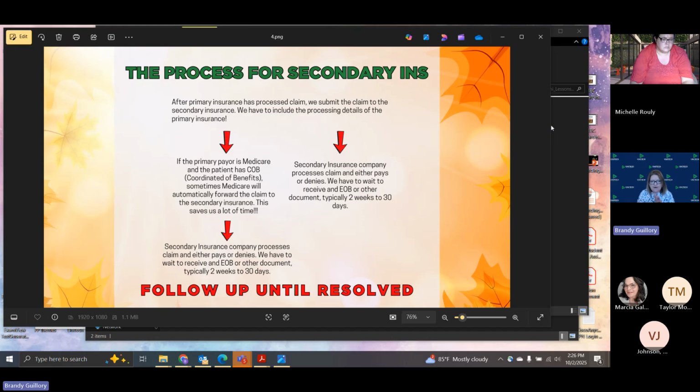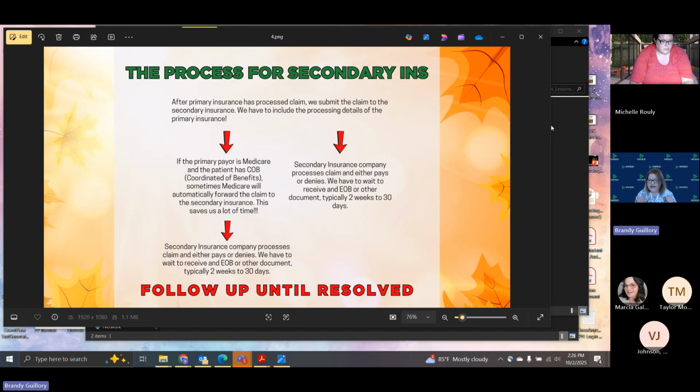Now, here's the great thing about Medicare. All right, so after the primary insurance has processed the claim, we submit the claim to the secondary. We have to include the processing details of the primary insurance. So here's the great thing about Medicare. If the primary payer is Medicare and the patient has done their coordination of benefits, we've talked about that before. You see that little acronym COB, that means coordination of benefits. And that is when a patient lets their insurance company know, hey, I have other coverage now.